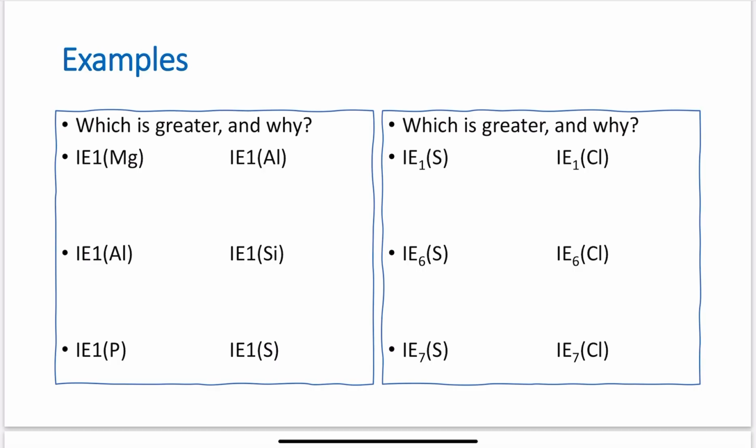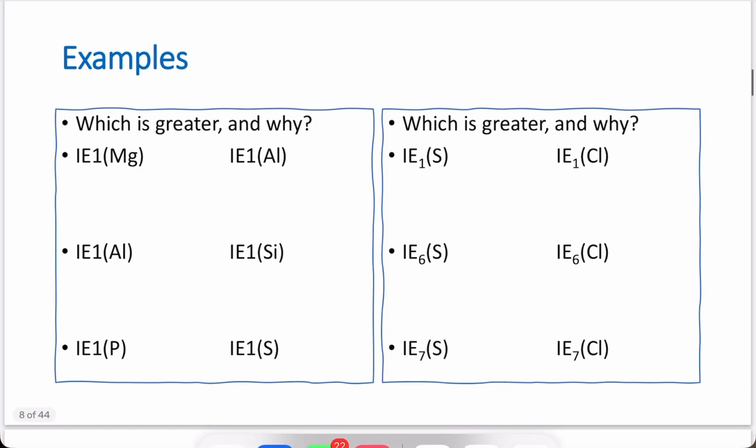So let's go through some examples. Which is greater and why? Magnesium's first ionization energy or aluminum's first ionization energy? Magnesium is 3s2. Aluminum is 3p1. You can do it by electron configuration, by the trends, or by atomic orbitals. I'm going to do it by atomic orbitals because it makes more sense to my brain. For magnesium, I have 3s with 2 electrons in it.